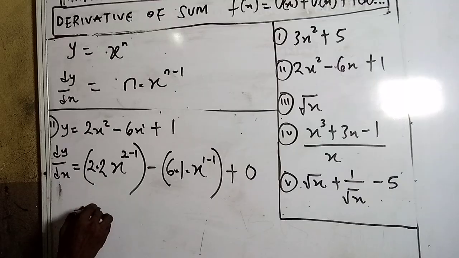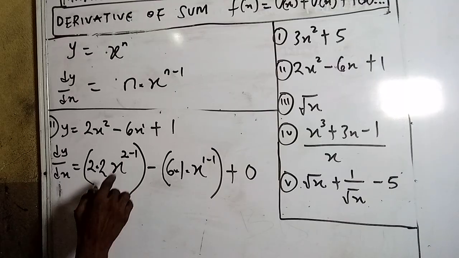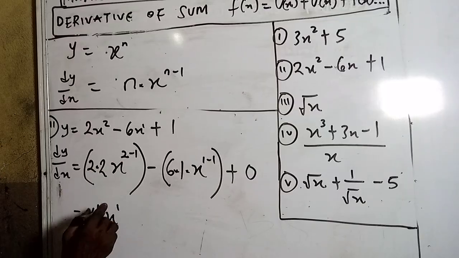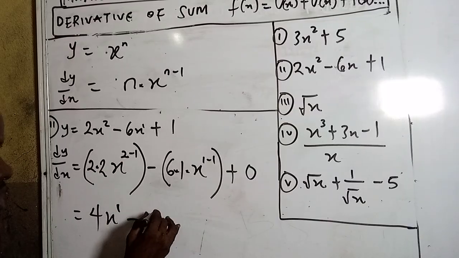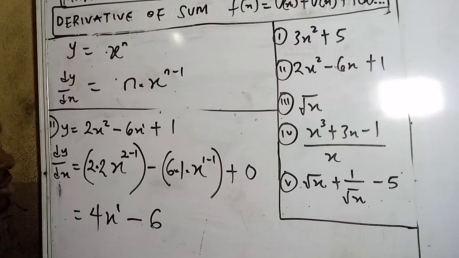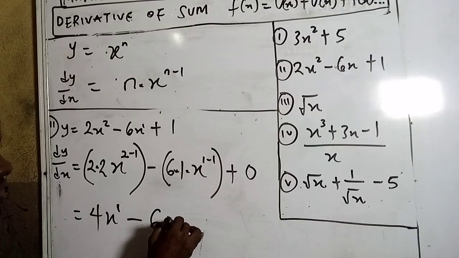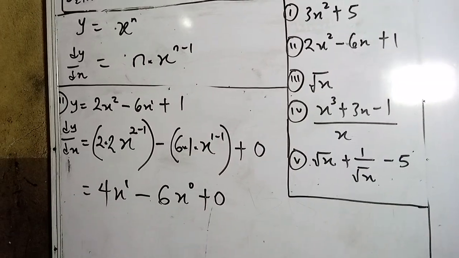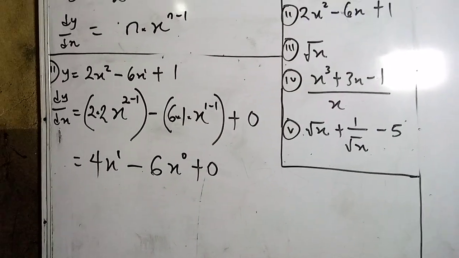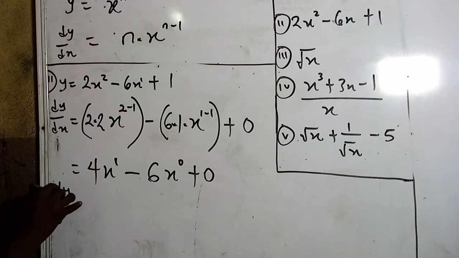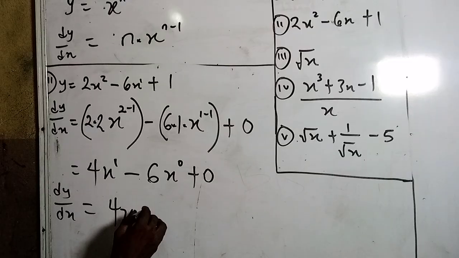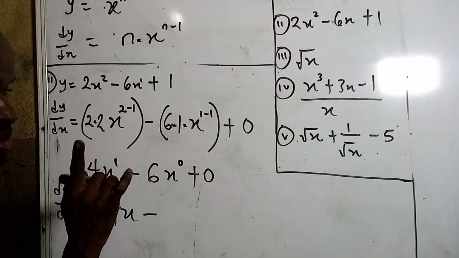So 2 times 2 will be 4. 2 minus 1, so here you have x to the power 1. Minus 6 times 1 is 6, and 1 minus 1 is 0. So I have x to the power 0 plus 0 here. So the final answer for this expression, dy/dx, equals 4x minus 6, since x to the power 0 is 1.